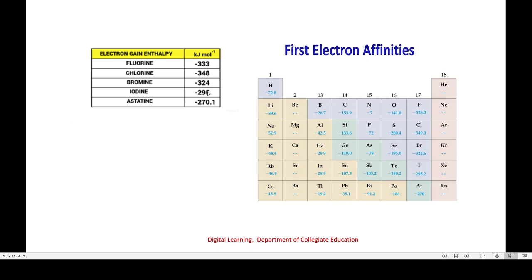Coming to a few abnormalities in the variation of the first electron affinity. These are the halogen group. Among the halogens, we have fluorine, chlorine, bromine, iodine, and astatine. On this side, we have the electron affinity in kilojoules per mole.